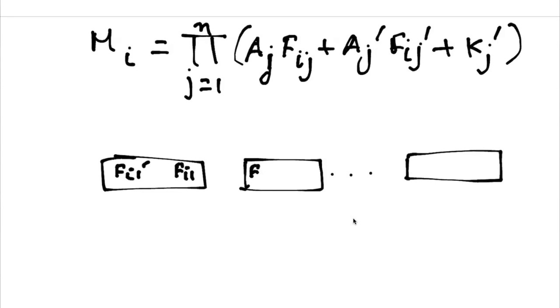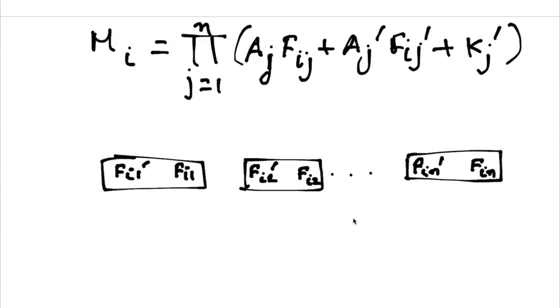Similarly, this would be Fi2 dash, and this would be Fi2. Similarly, this one would be Fin dash, and this would be Fin. This is just the positive and the negative output of the flip-flop. So this together is one word, and these are the individual cells.